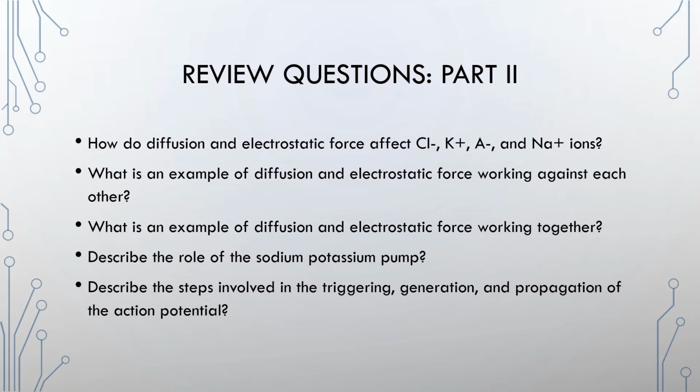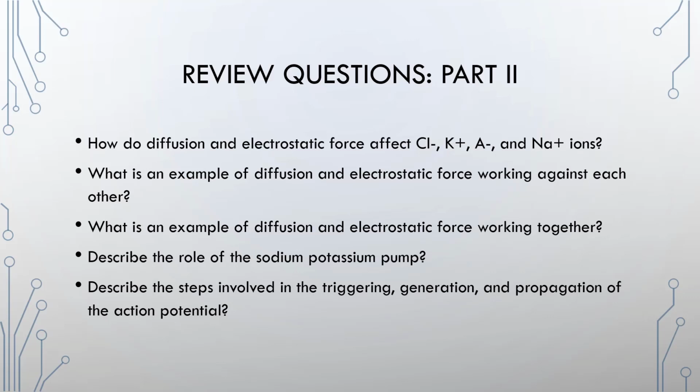We talked a lot today about diffusion and electrostatic force. So, of course, you'll have notes, and I pointed one diagram to you. You should be able to think about how these forces differentially affect chloride, potassium, sodium ions, at the very least. And a very good question to think about is, what's a case where these two are working against each other or with each other?